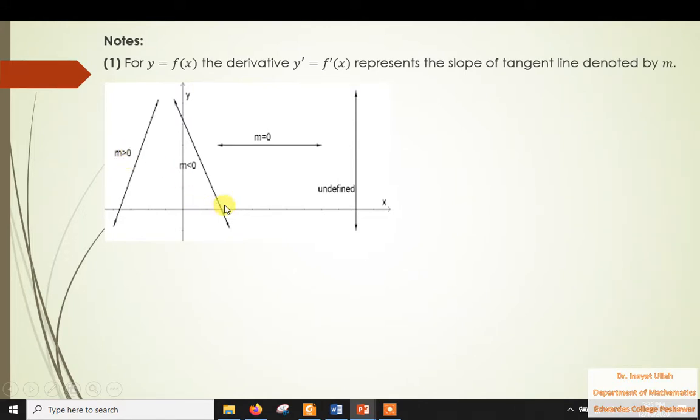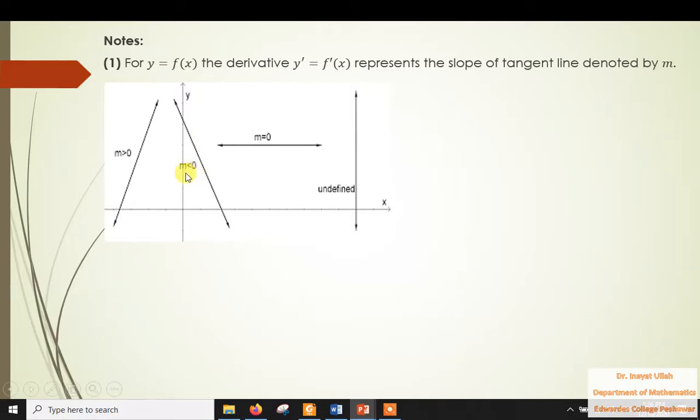Similarly, we see here that this line, which may be a tangent line or any line, makes an angle with the x-axis which is greater than 90 degrees, an obtuse angle. So the slope of this line will always be less than 0.